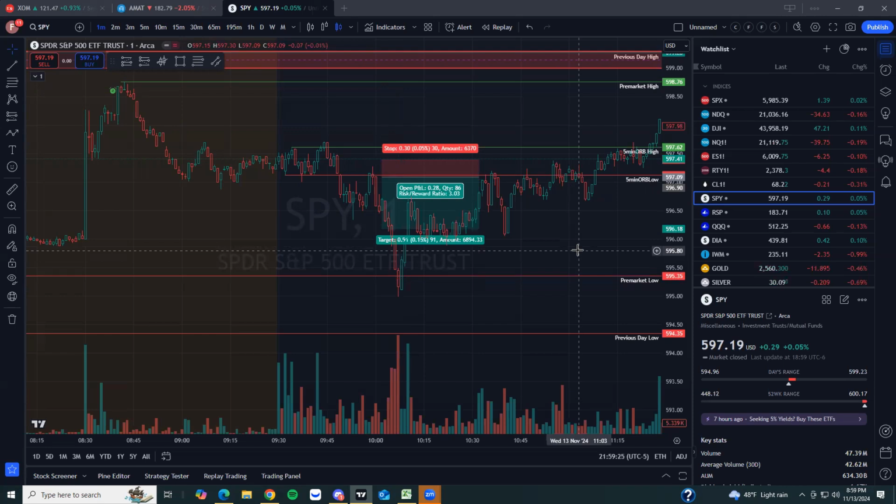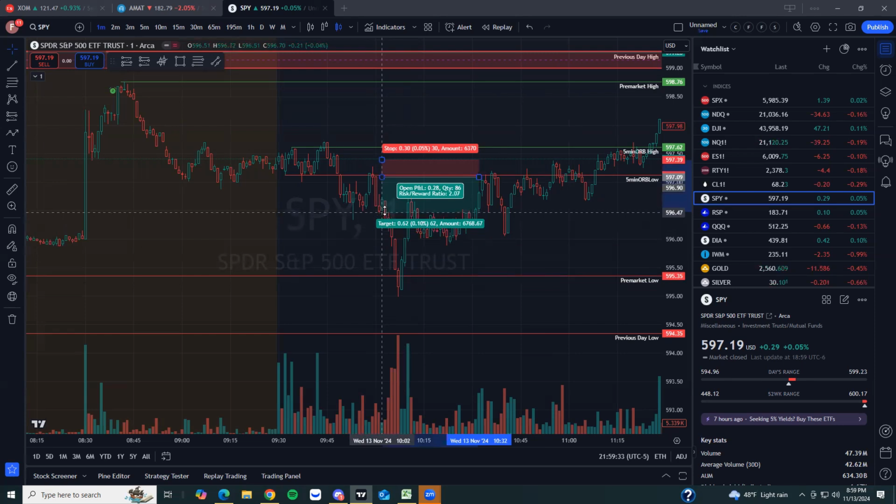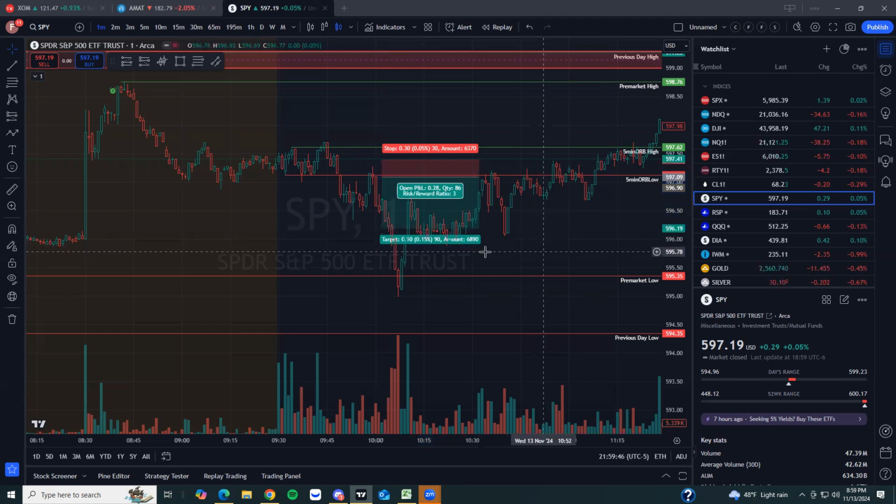Close it up. You're done with that trade. Now that I've shown you this, you could say, I got 2-3 contracts. I'm going to sell one at 2R right here. I'm going to sell my second one maybe at 3R right there.